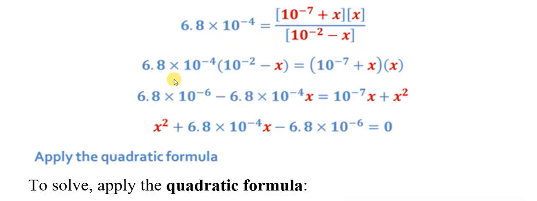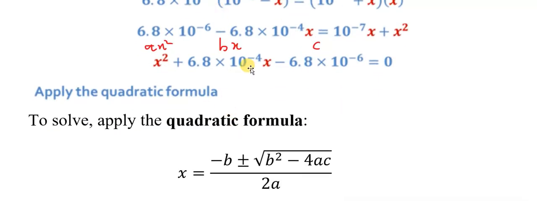If we rearrange these equations, we get x squared plus 6.8 times 10 to the power minus 4 x minus 6.8 multiplied by 10 to the power minus 6 equals 0. It means the first part is ax squared, the second part is bx, and the third part is c. That is the quadratic equation.